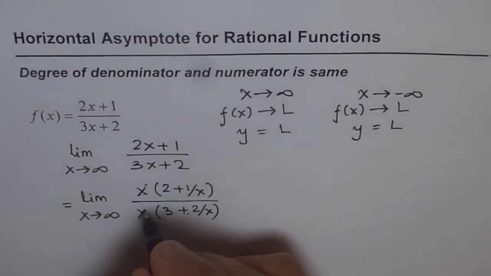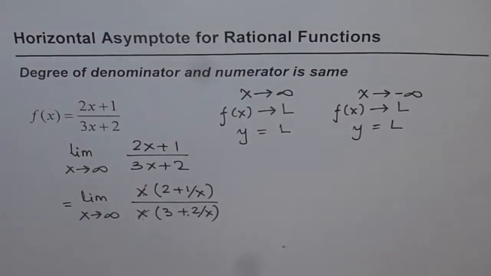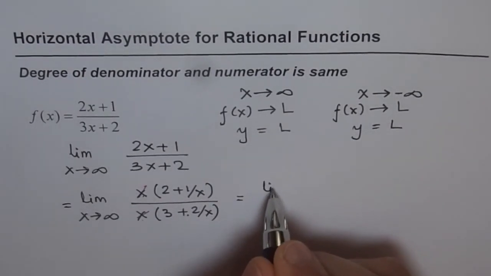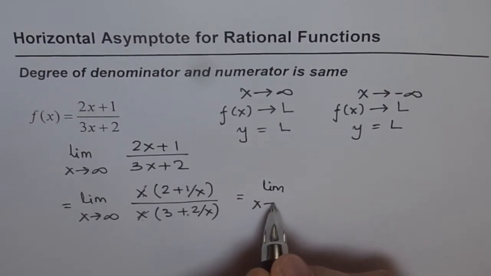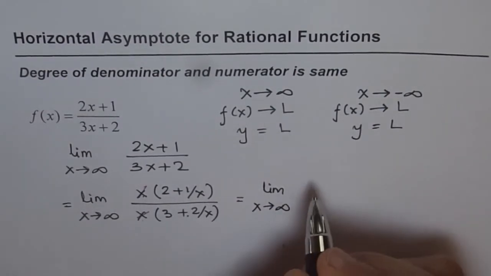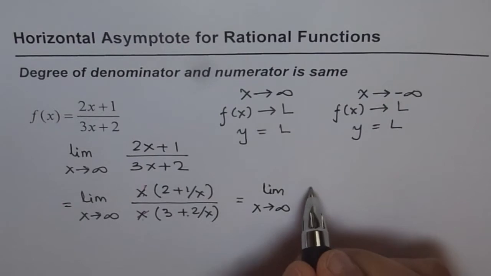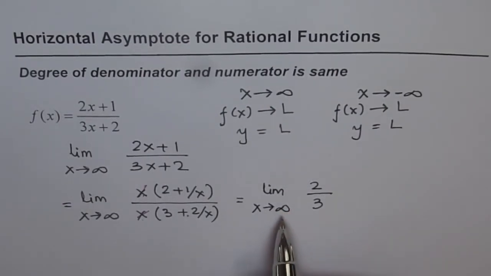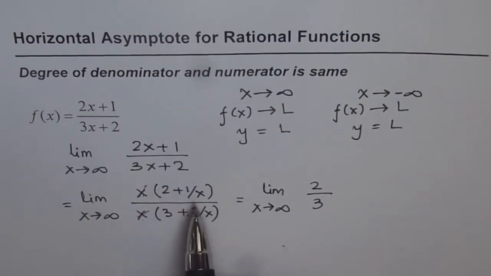So we can simplify this at this stage and say the limit as x approaches infinity is equal to 2 over 3. Now this is the case where if x is approaching infinity, 1 over x is very small, correct? It is approaching 0, and 2 over x is also approaching 0, correct?